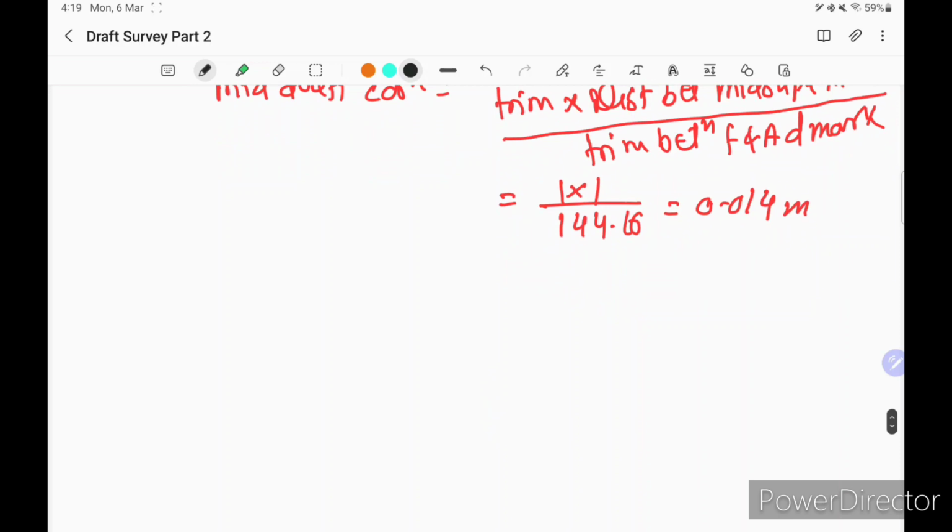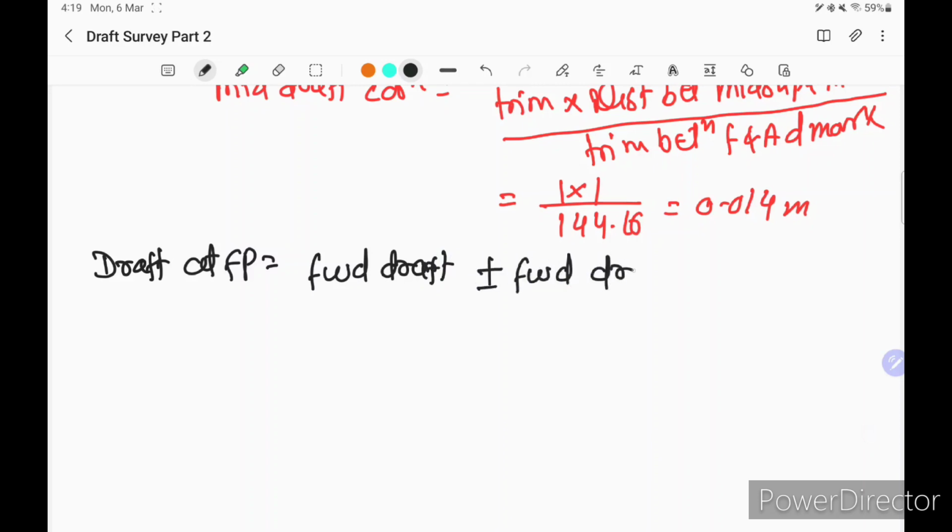Now we'll move to the next step. We calculate the draft at forward perpendicular, draft at aft perpendicular, and draft at mid. So draft at forward perpendicular is forward draft, which is 6 meter, plus or minus forward draft correction.